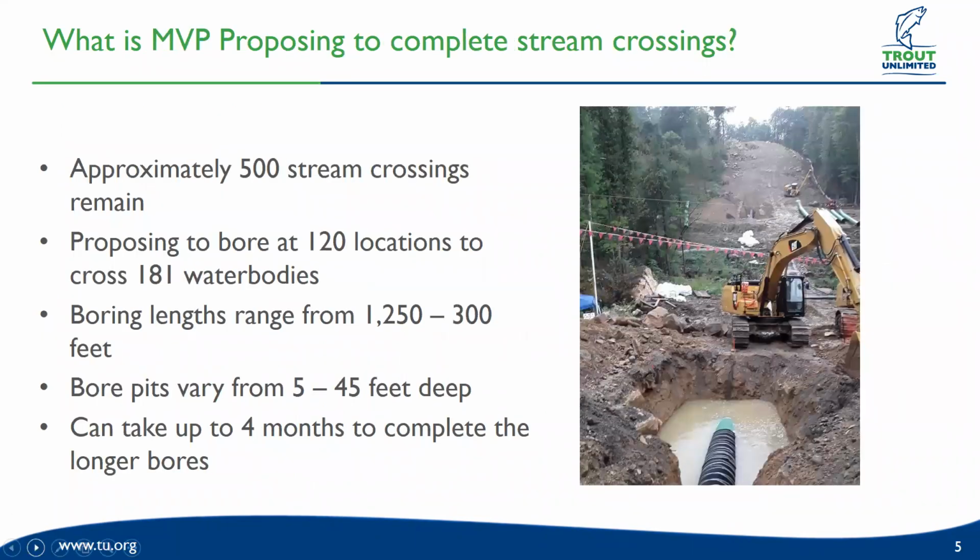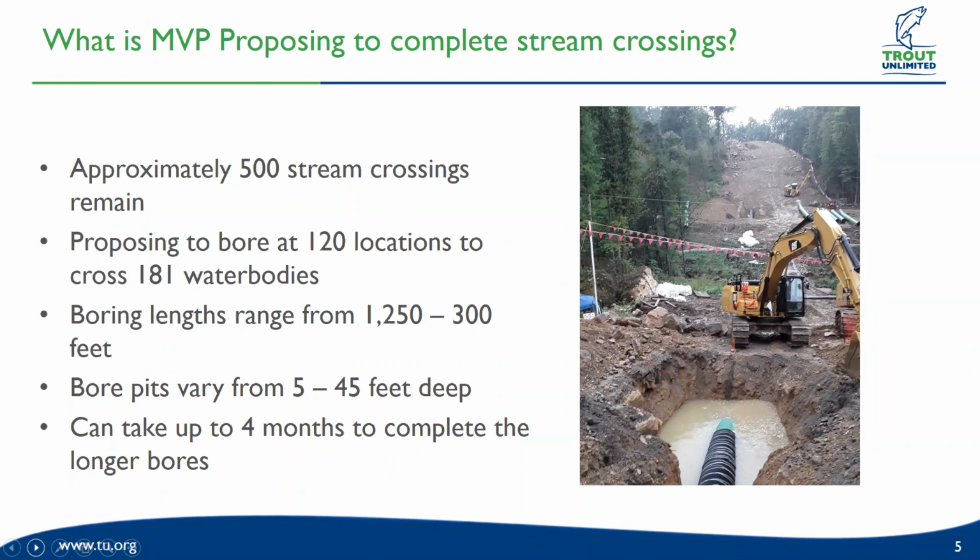And so, as I mentioned, MVP has kind of been in a holding pattern because of their legal issues. So there are approximately 500 streams that remain to be crossed. And what MVP is proposing at this time is to bore under 120 locations, crossing under 181 water bodies.